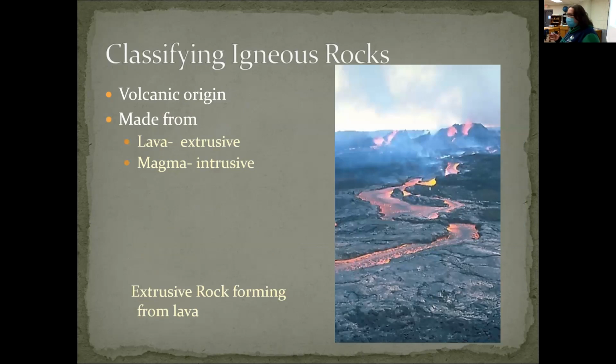And so there are only two ways to classify igneous rocks. They're either intrusive or they're extrusive. So intrusive means they form underground. They don't form above ground. Extrusive is the opposite. Extrusive, they exit the earth. They form either at the surface of the earth or from some type of explosion or eruption.